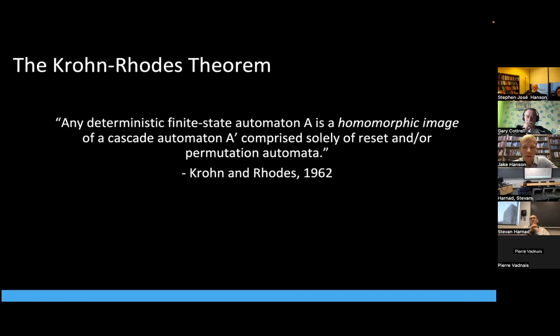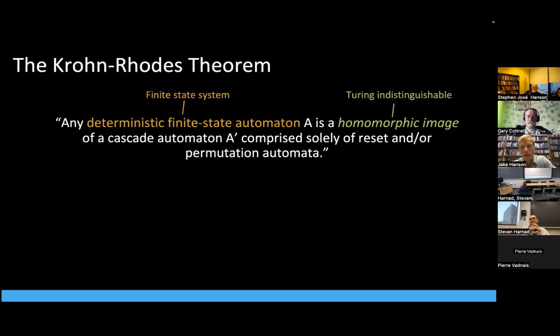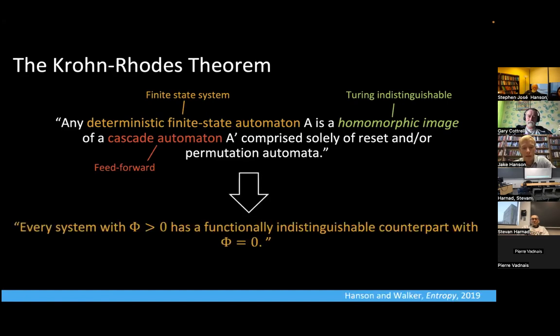I know that makes pretty much no sense if you don't know anything about automata theory, but you can translate this and basically show that any finite state system has a Turing indistinguishable feed-forward version. In the context of IIT, that means that every system with phi greater than 0 has a functionally indistinguishable counterpart with phi equals 0. So the Krohn-Rhodes theorem gives you a way to get rid of feedback while preserving function.